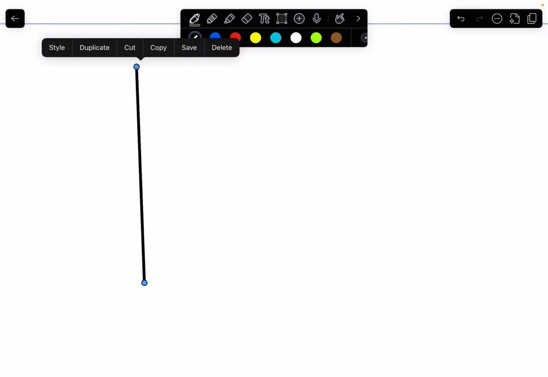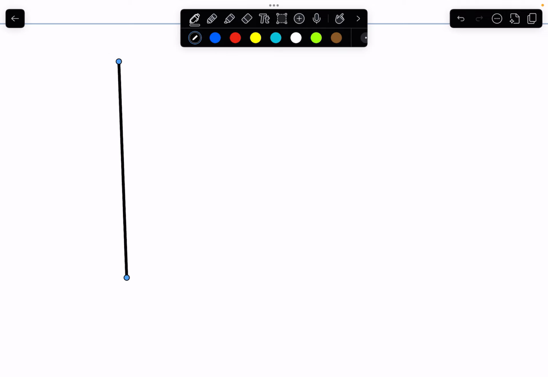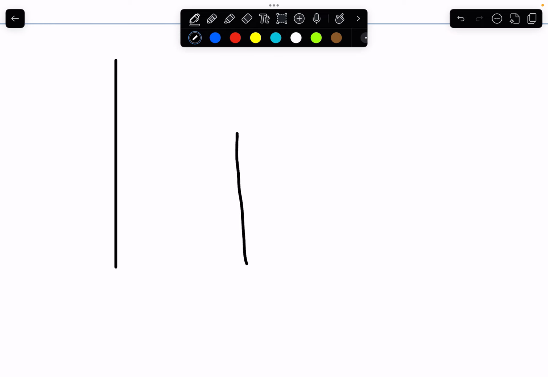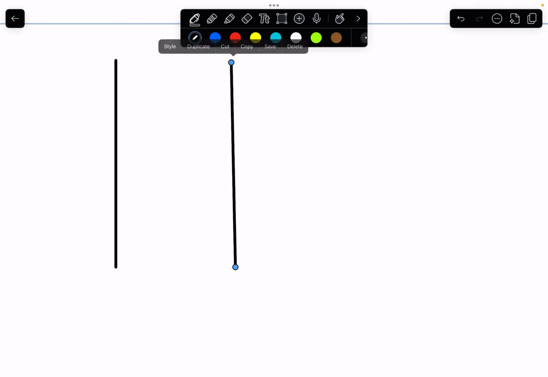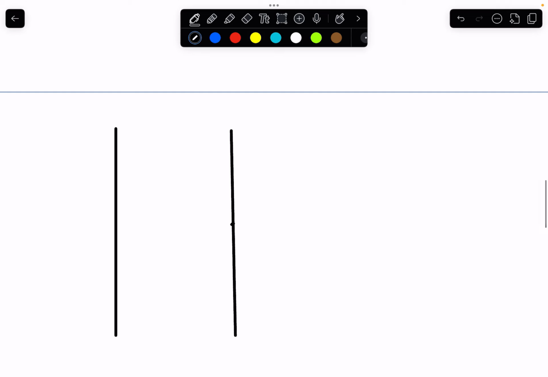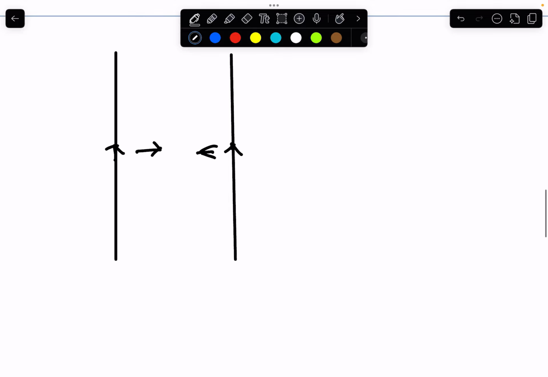From the previous sections you would know that wires that have current in the same direction attract. They attract each other.